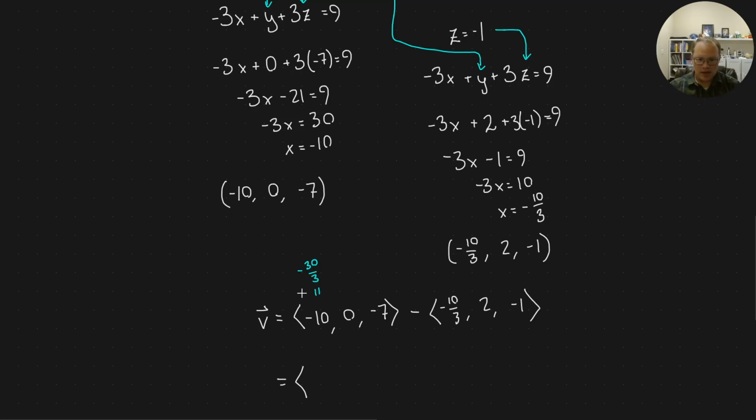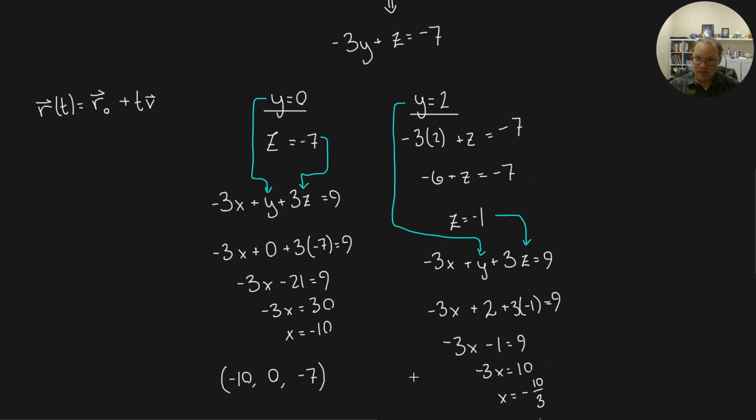So negative 30 thirds minus negative 10 thirds, that means negative 30 thirds plus 10 thirds, is going to be negative 20 thirds. Second component, 0 minus 2 is negative 2. Third component, negative 7 minus negative 1 is negative 6. And that gives me my direction vector. And put that together, I got my answer.